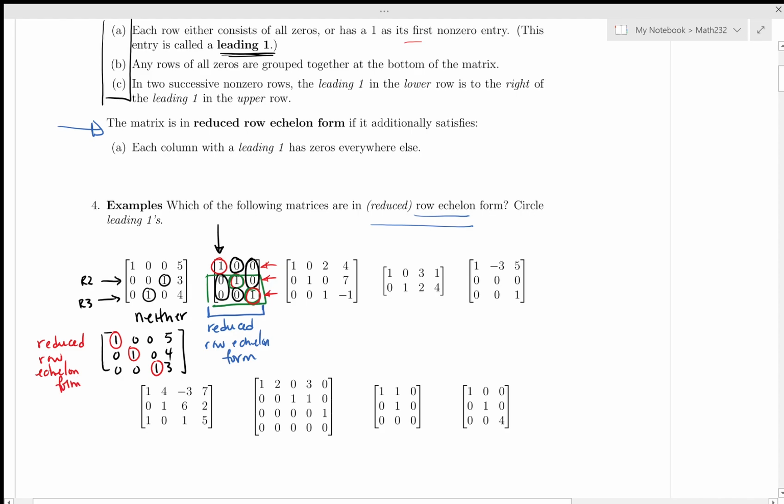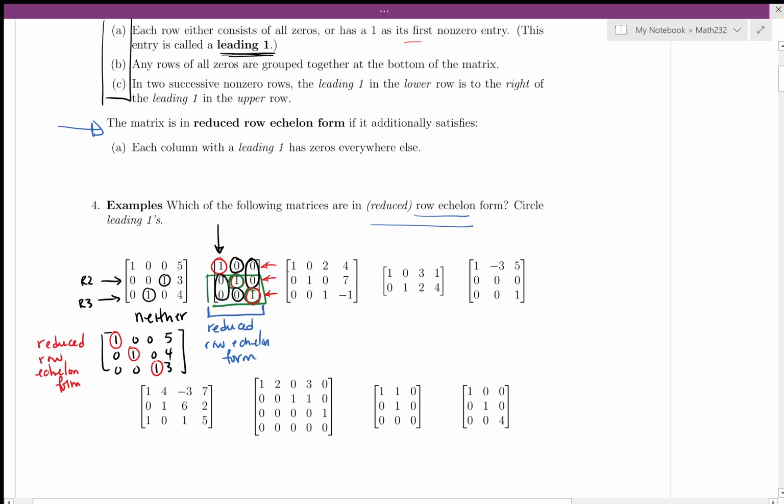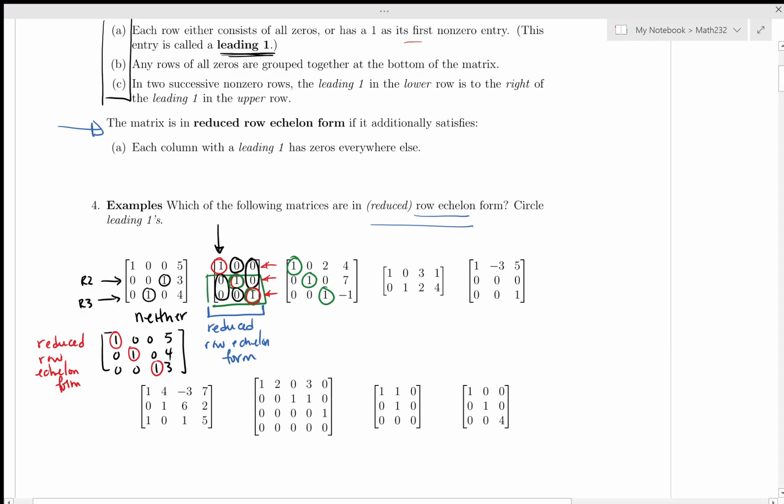Okay, let's move over to the next one on the list. I'm going to circle the leading ones. There they are. I see that it's in row echelon form, but here I've got a 2, and because of that, it's not in reduced row echelon form.